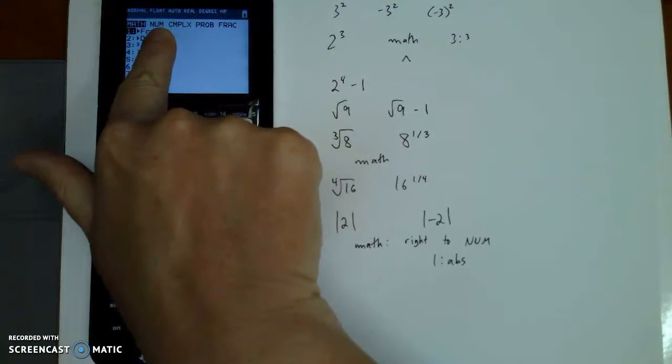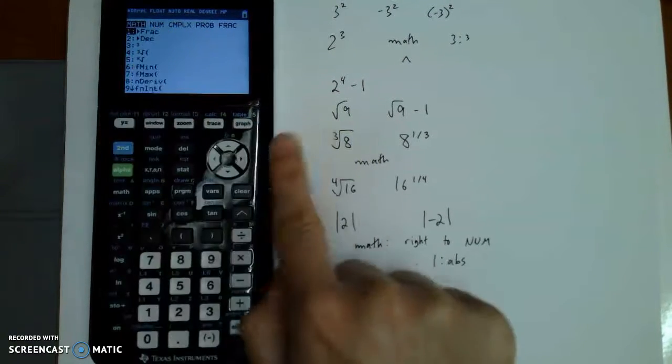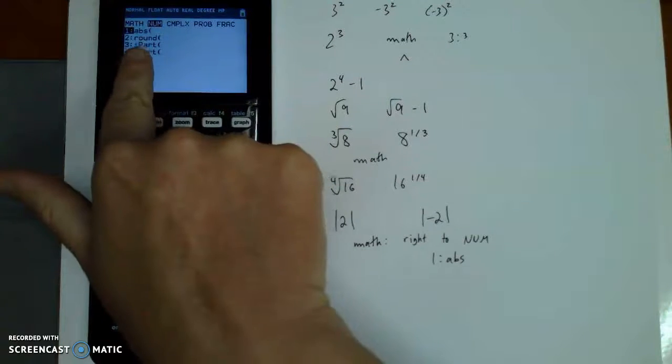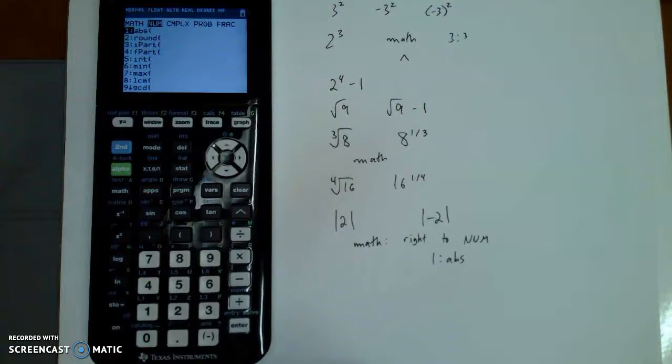And I'm going to go to this first submenu, which says num. So I'm going to hit right, and you'll notice I get all different options. That very first option, ABS, is my absolute value. And mine will show up with those absolute value signs. Now, if you have an older calculator, it might say ABS parentheses, but mine is a newer one.